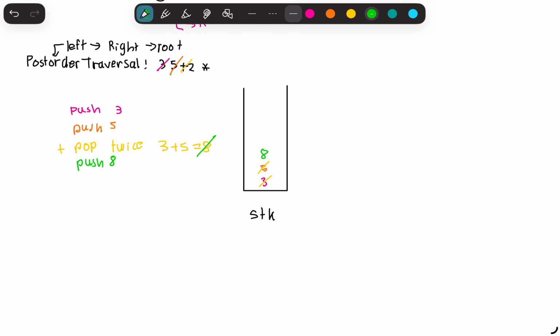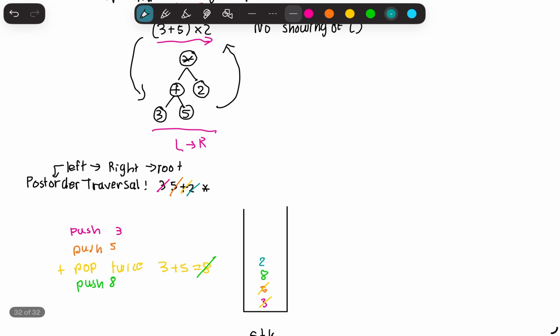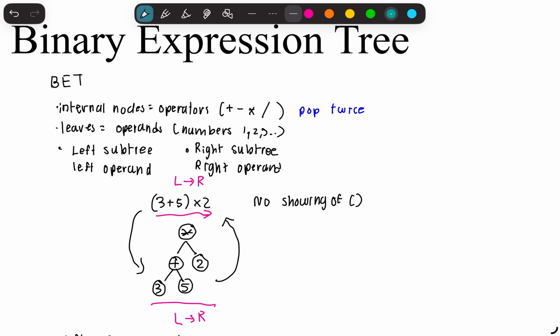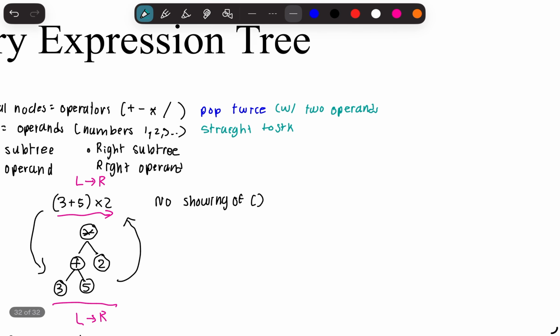After this, we have to do 2. So you read 2, and you see that that's a number. For your numbers, those go straight to the stack. And for operators, you pop twice to get two operands, so you can do an operation.